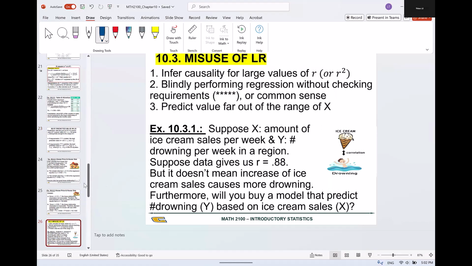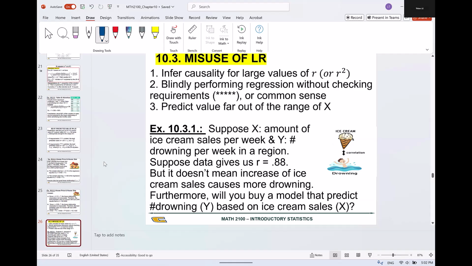And here are some common misuses of linear regression. One often misused way is that people infer causality from a large value of R squared. We cannot use the linear regression coefficient R squared to establish causality.